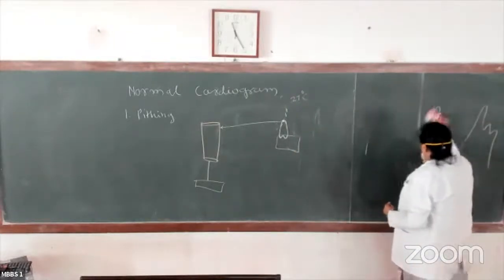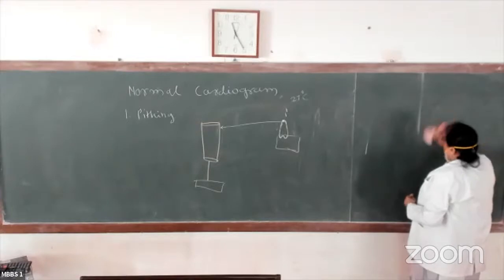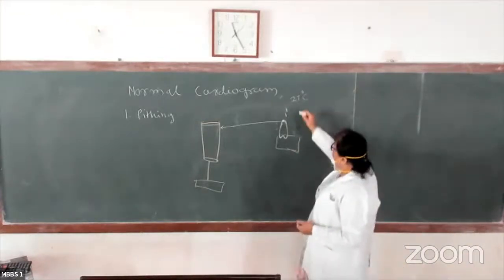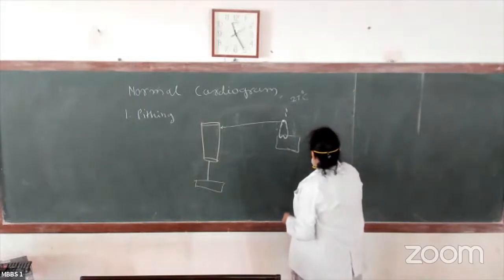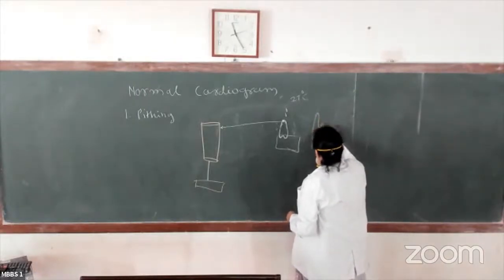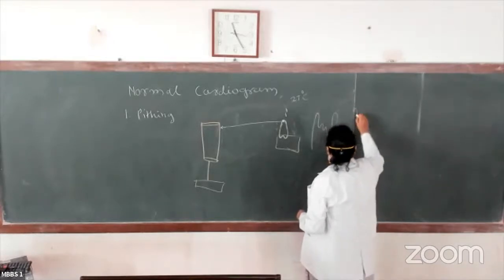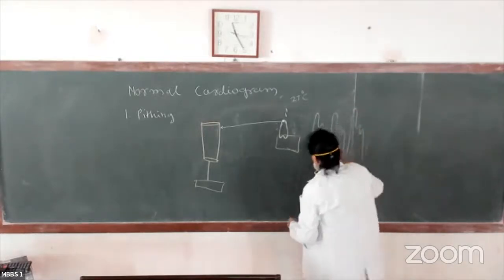And we record the normal cardiogram. We are studying the effect of temperature, so first the normal effect we have to study. By adding the normal ringer solution, we record the normal cardiogram. We get the waves like this: sinus, atrial, and ventricular. This is the normal cardiogram.